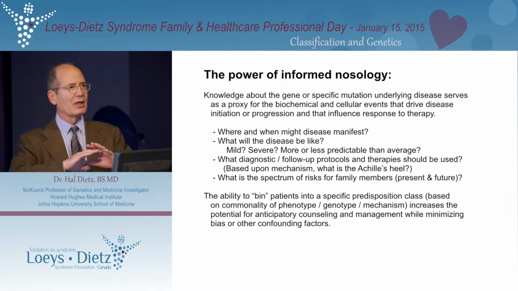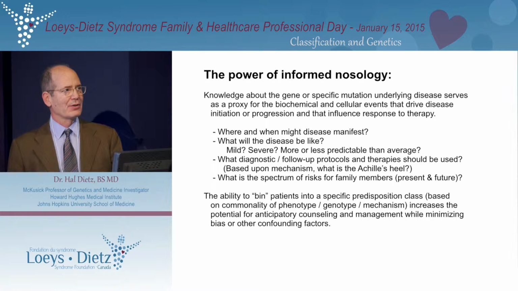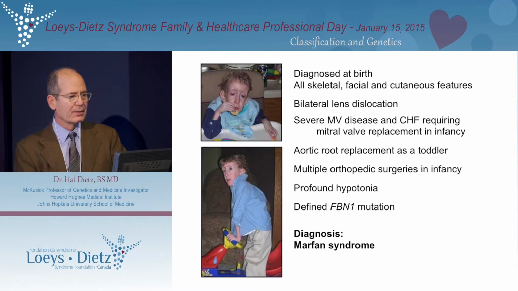By not focusing on the average patient with a vascular connective tissue disorder, but doing our best to focus on the person in front of us, what gene is involved, what is their particular mutation, we would be able to do better at providing informed counseling and management.